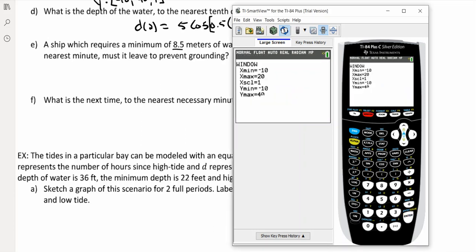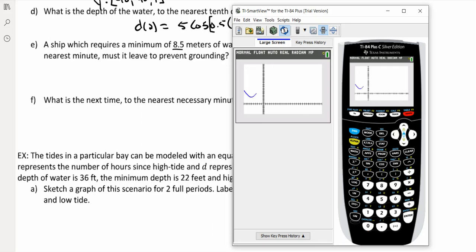We'll look a little bit farther to the right, so we'll change our X max to 30. Then we're just going to do it again, but now we're going to want to wait until this point over here, if you can see the tip of my pen there.